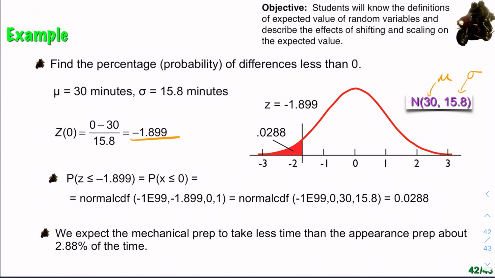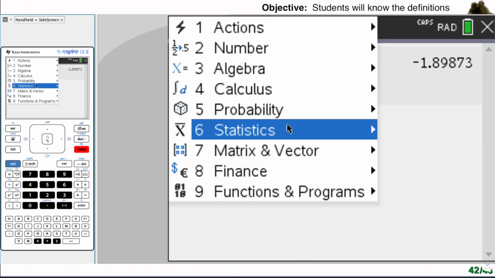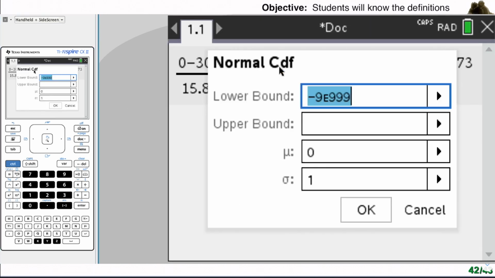So I need to go over to my calculator and pull up a new calculator. I'm going to do two calculations for you just to prove a point. First, our z-score, 0 minus our mean over our standard deviation, which is 15.8. I get negative 1.8973. I want to know the probability I'm below there, so I hit Menu, Statistics, Distributions, Normal CDF, Cumulative Density Function.